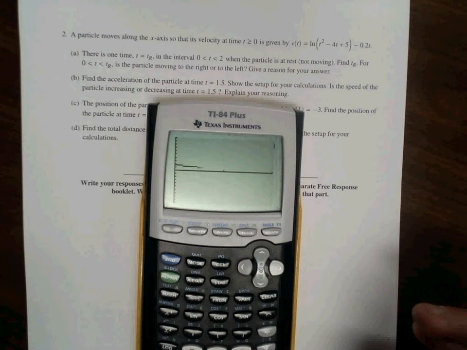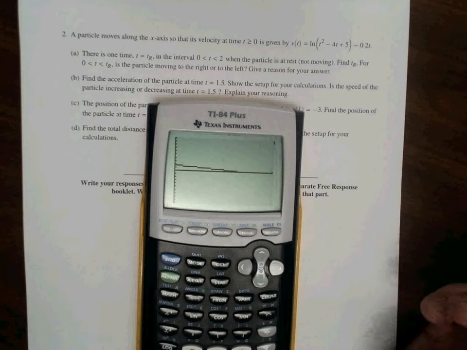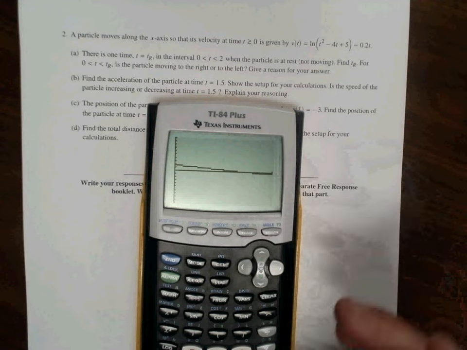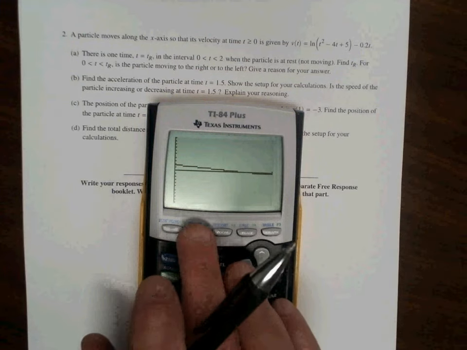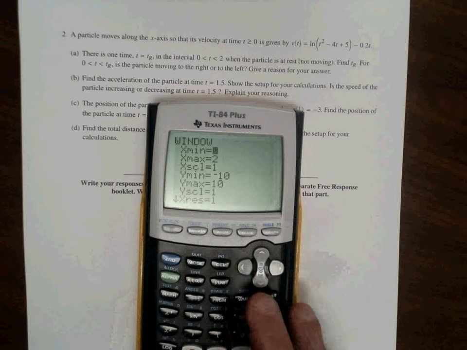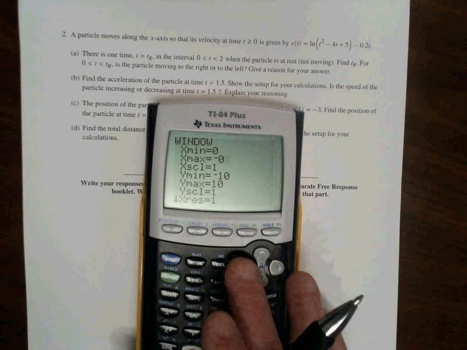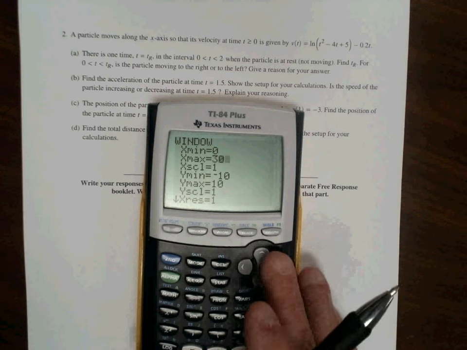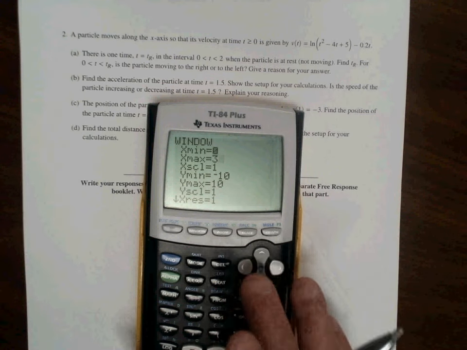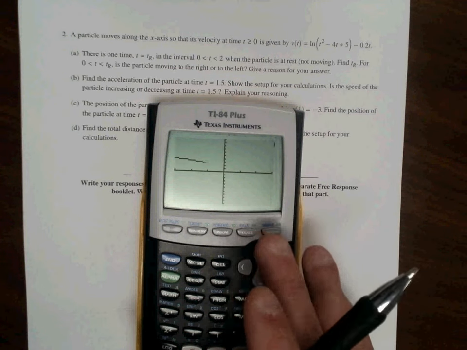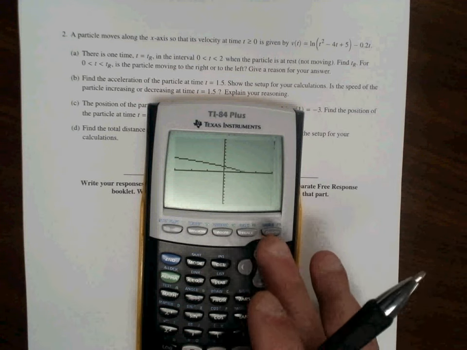It tells us there's one time when the particle's at rest, and it's going to be right there where that intersects the x-axis. Just for illustrative purposes, I'm going to change the window so you can see more clearly. I was supposed to change the y's is what I wanted to do.